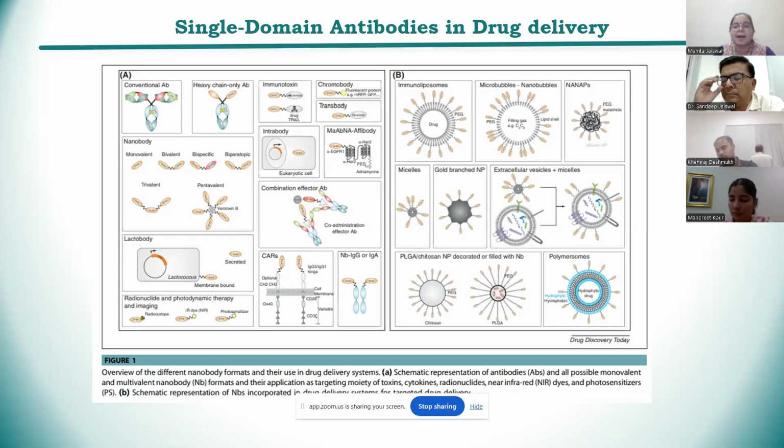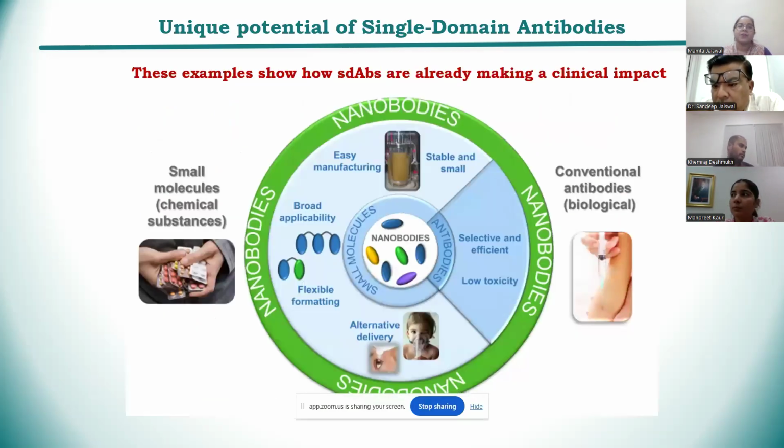There are a few examples in which formats the nanobodies are used as a delivering partner. We have seen a few examples of how single domain antibodies are making clinical impact. They have both characteristics of small molecules and conventional antibodies. Apart from that, first of all, they are easy in manufacturing, very stable, which lowers the cost.